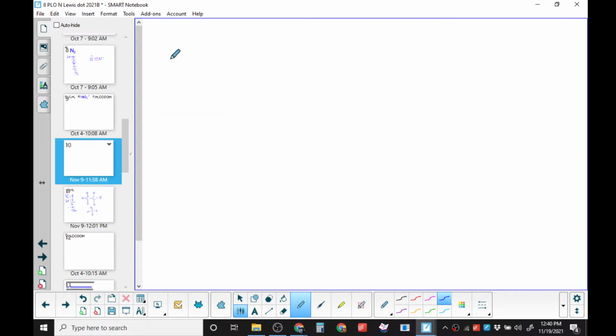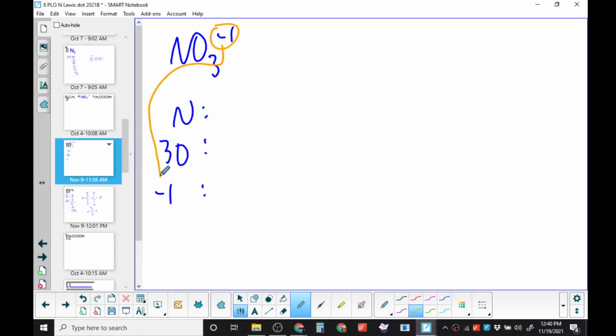Okay, NO3 minus. Nitrogen, 3 oxygens, and a -1 charge. This row is for everything that affects the electrons. So I take the charge from here and put it there to remind me.